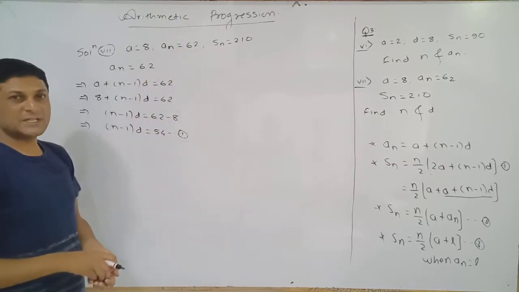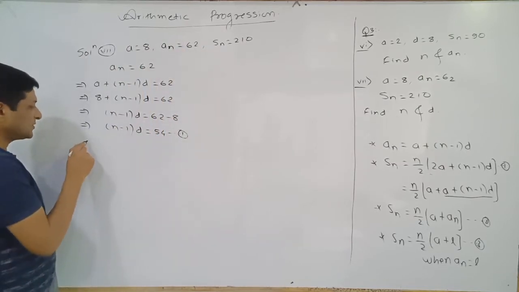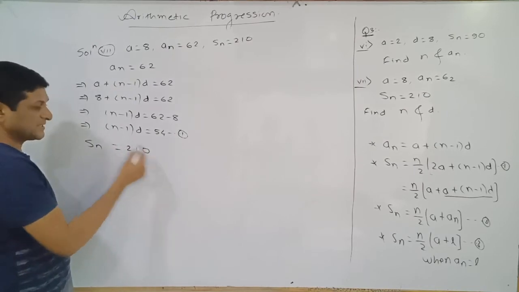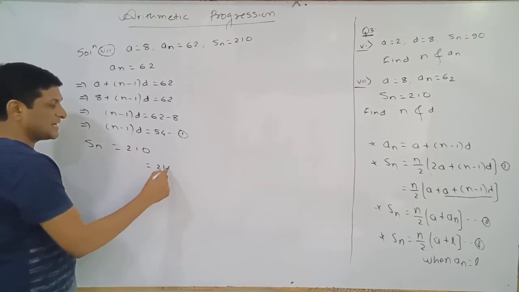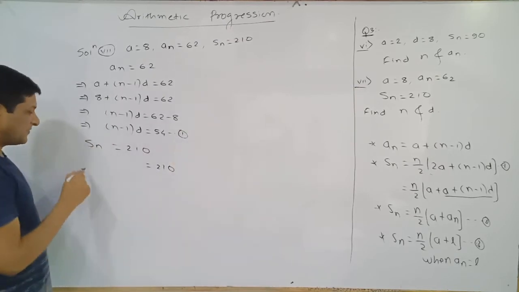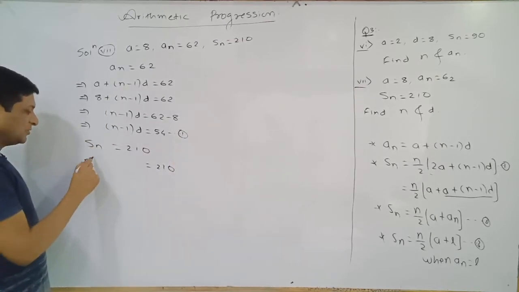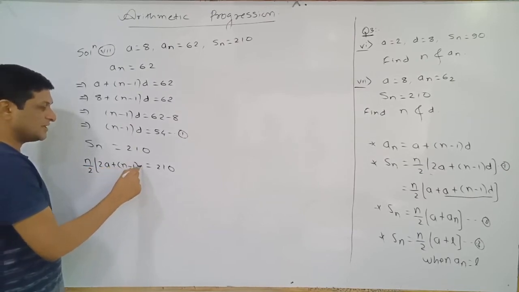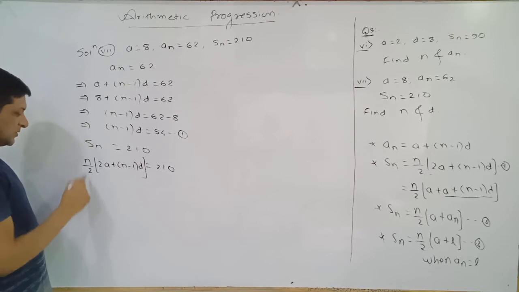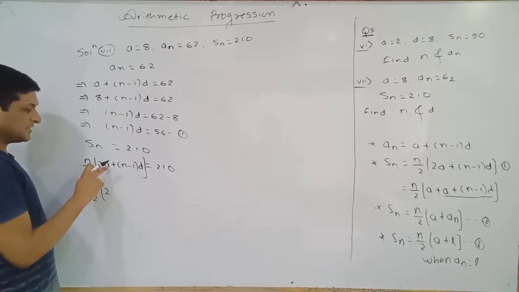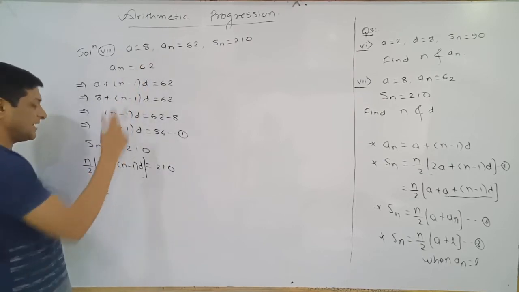Now we are using the second condition in the example. So Sn is equal to 210, it is given to us. Keep this right hand side 210 as it is. I am replacing Sn by its value. What is the formula of Sn? n by 2 into 2a plus n minus 1 into d. So n by 2, keep it as it is, 2 also as it is. a, what is the value of a? 8.